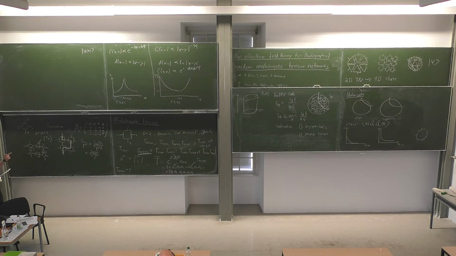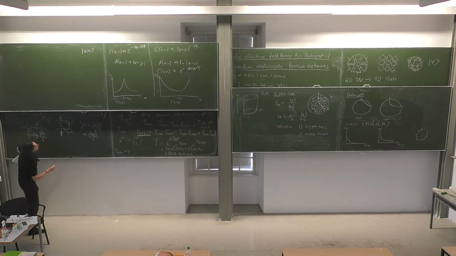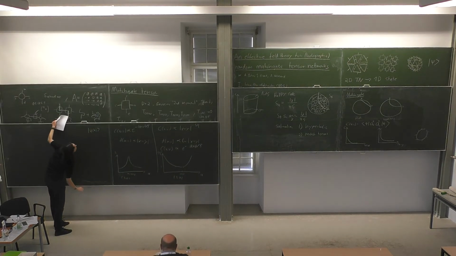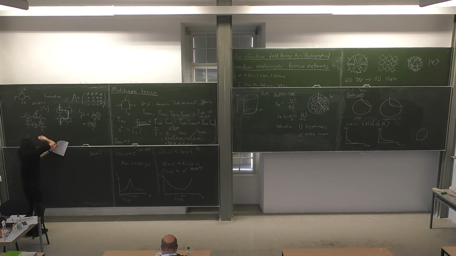Now, I also said that we can understand this as a classical Ising model. This basically boils down to a Hadamard transformation.